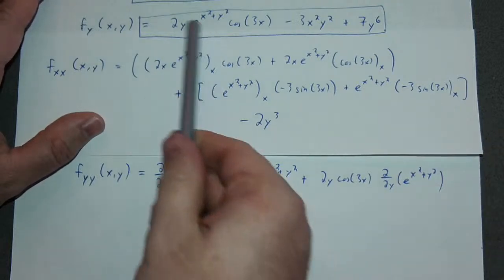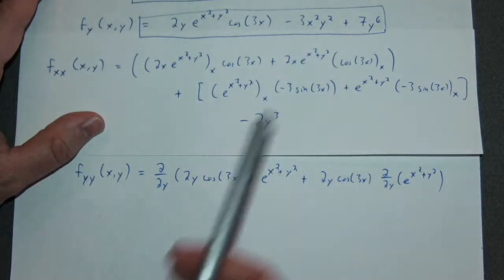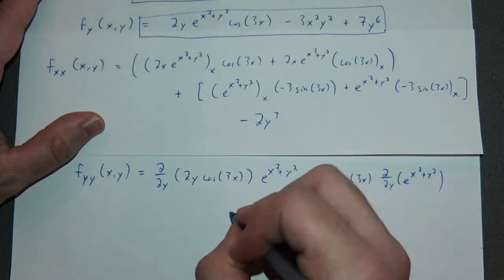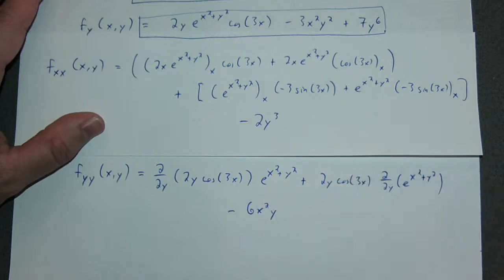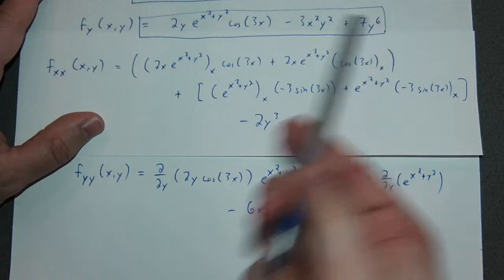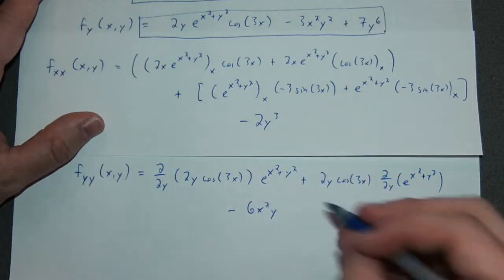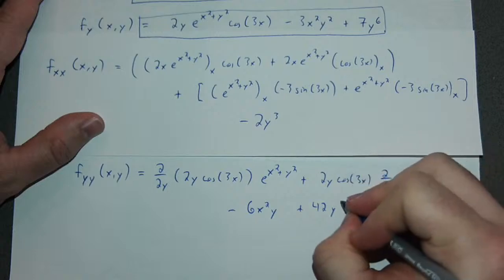So that's the first term, taken care of by the product rule. The second term, I'm taking the derivative with respect to y here, so this is minus 6x squared y. And the last term, that's 7y to the 6th. Take the derivative with respect to y, I get 7 times 6, or 42 y to the 5th.